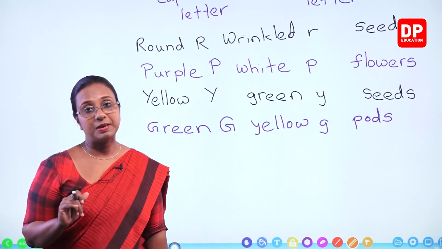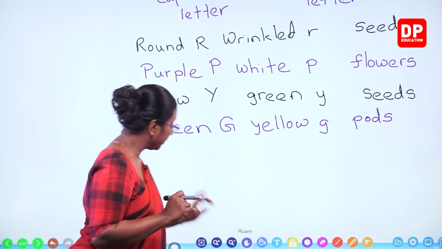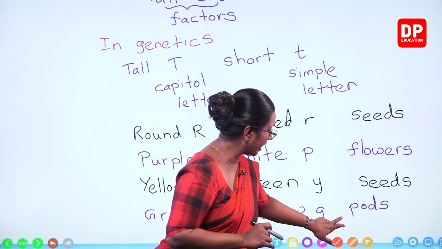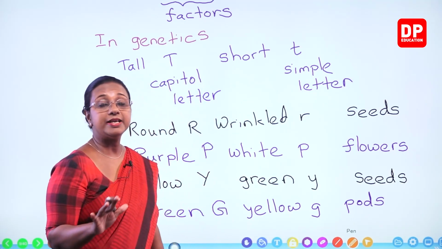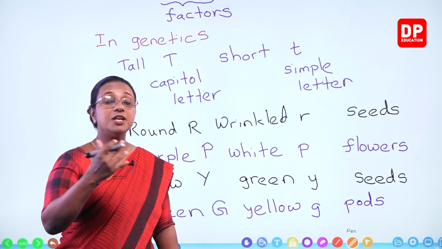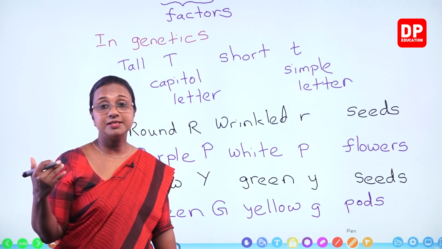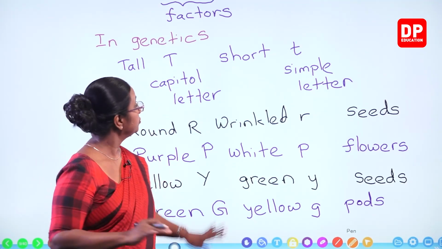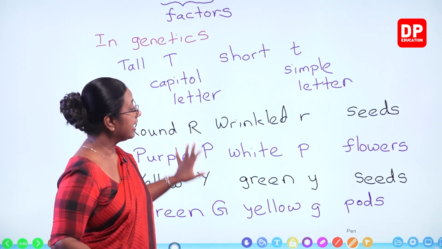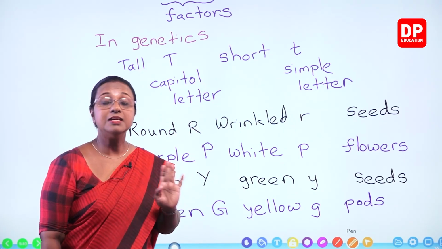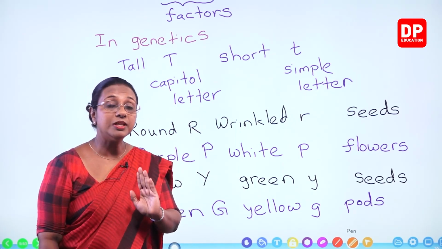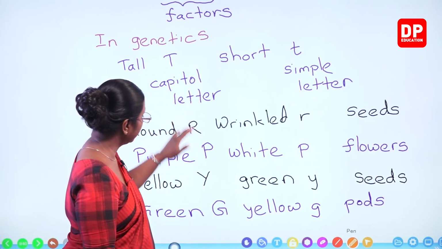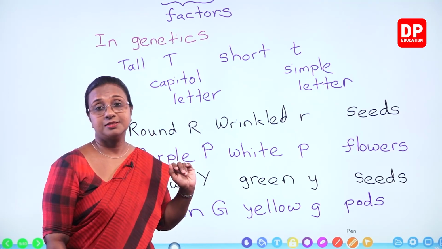So then, of course, we use capital G for green, simple g for yellow. You have to remember. Because students, they can give you any of these characteristics and they can ask you to explain the observation and how characteristics are inherited from generation to generation using the letters and explaining it in genetics. How we do the explanation in genetics. So for that, you need to use the letters.